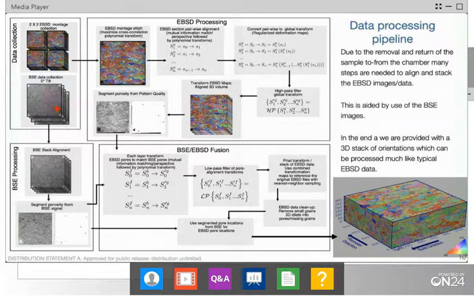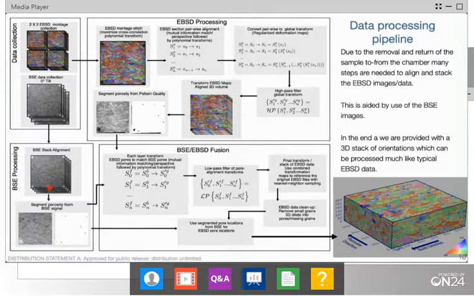The BSE images were relatively easy to align and stack. We basically just had to look at translations and how we translate over these relative to each other. This is done by looking at the phase correlation or cross correlation of the images. That gives us a relative translation from one tile to the next.